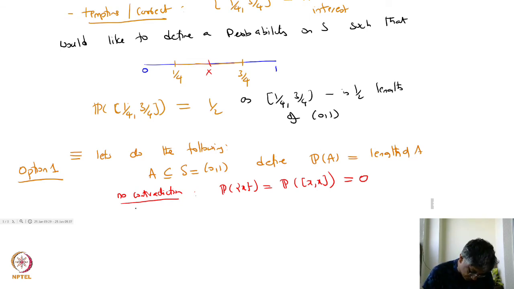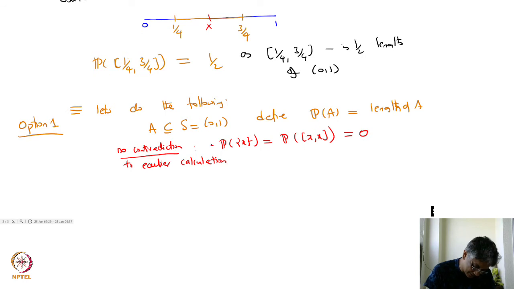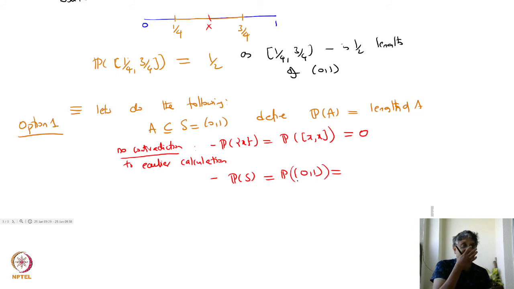So there's no contradiction to the earlier calculation. And further, the probability of S is the probability of the open interval 0, 1, and the length of the open interval 0, 1 is the same as the length of the closed interval 0, 1, and that's just equal to 1.